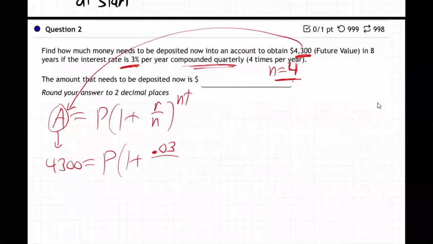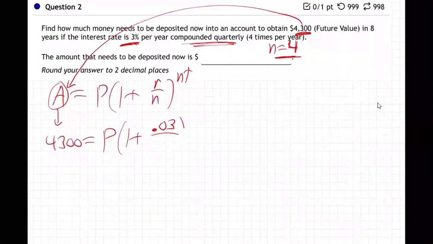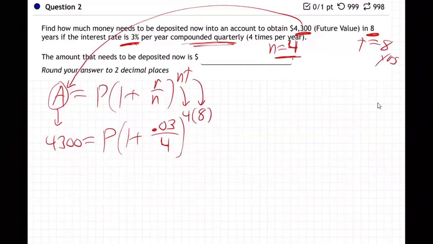N is 4. So N is also 4 right there, and it's 4 right there. Times T. And what's T? How many years? Oh, there it is. 8 years. T is 8 years. So I'm going to invest that for 8 years. So we plug everything in.